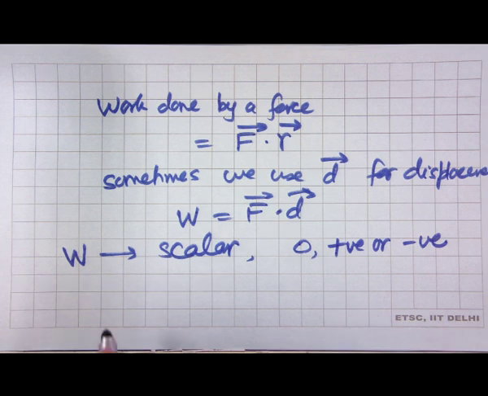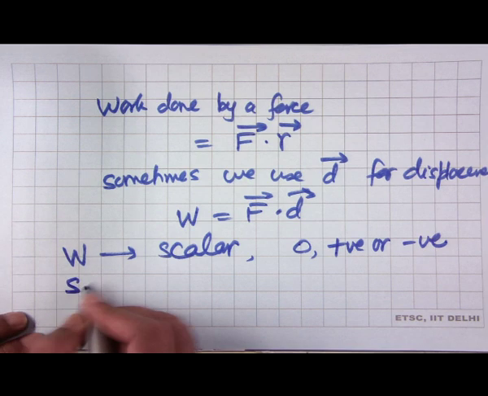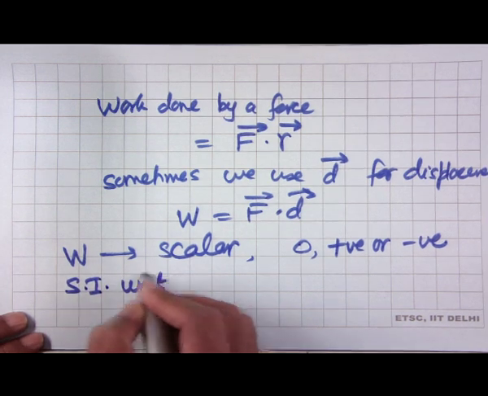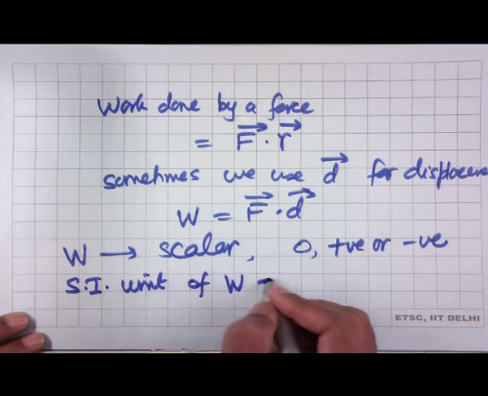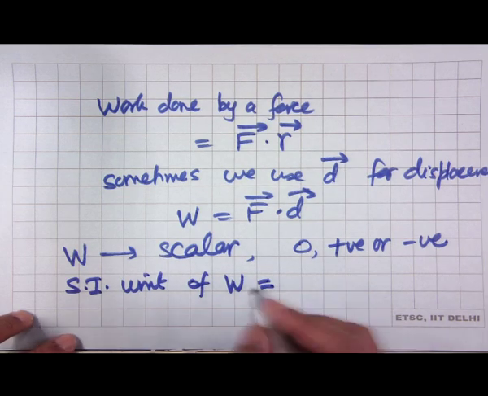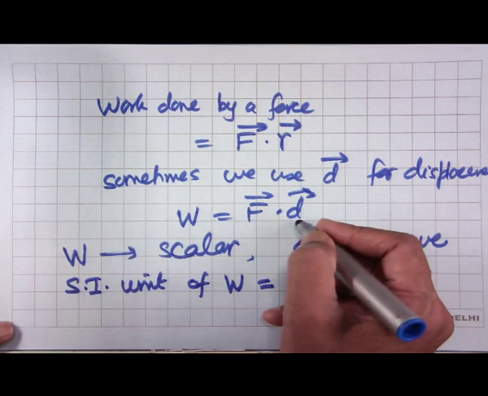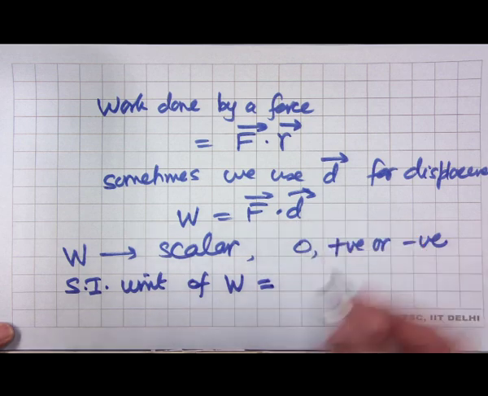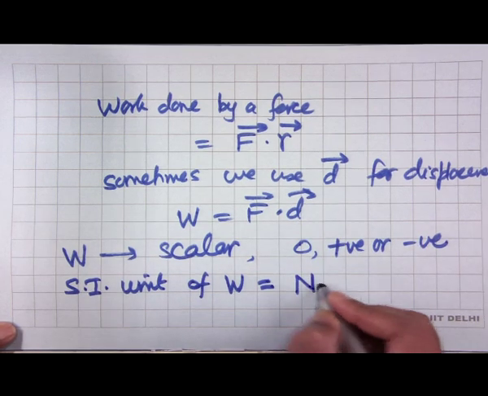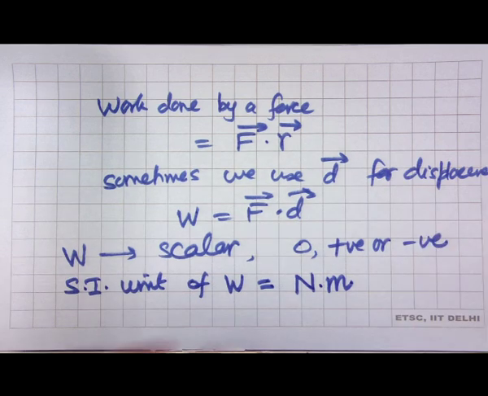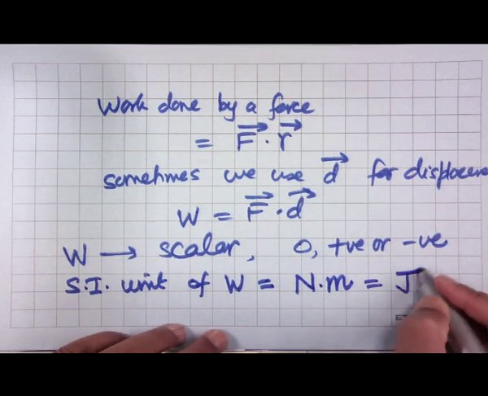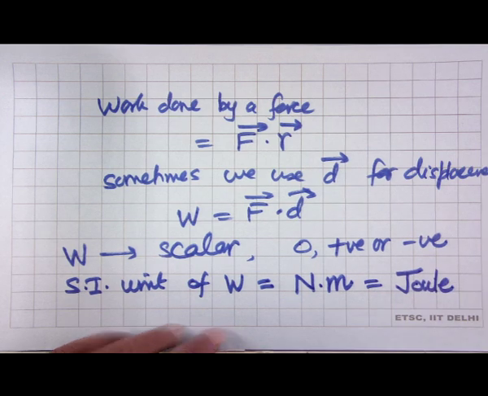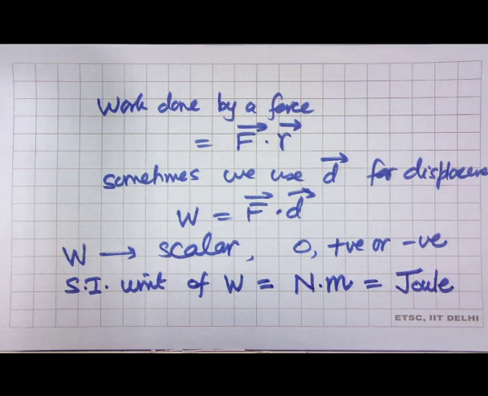And if we look at the units of work, the SI unit of work done will be equal to SI unit of force multiplied by SI unit of distance. So, that will be equal to Newton times meter, and this we also write as joule. So, 1 joule is equal to 1 Newton meter, and in SI units we write work done in Newton meters.